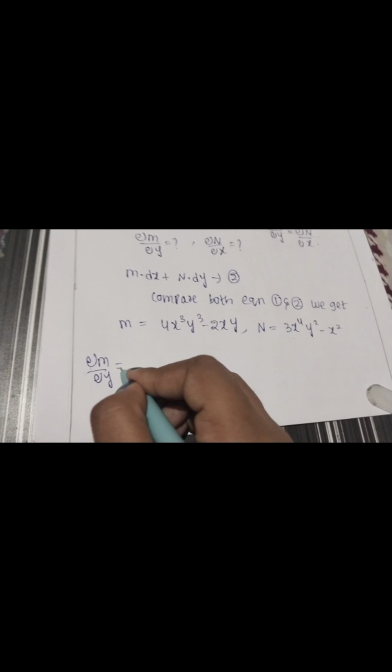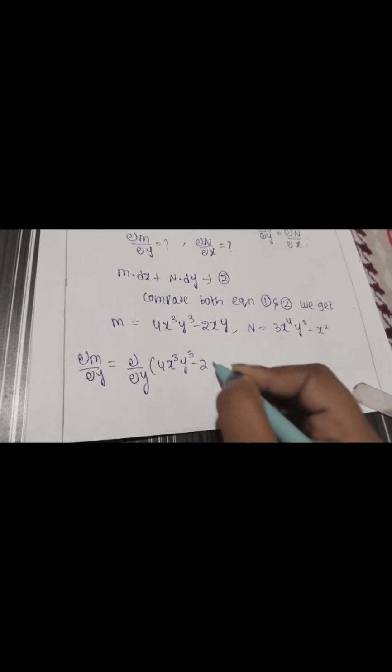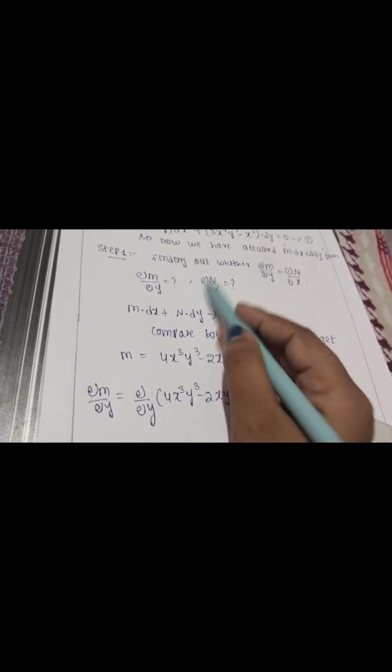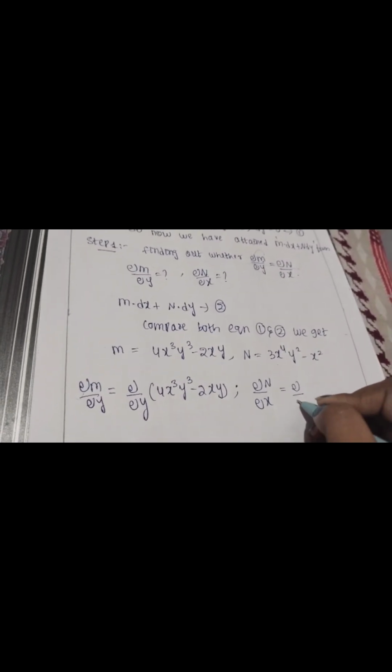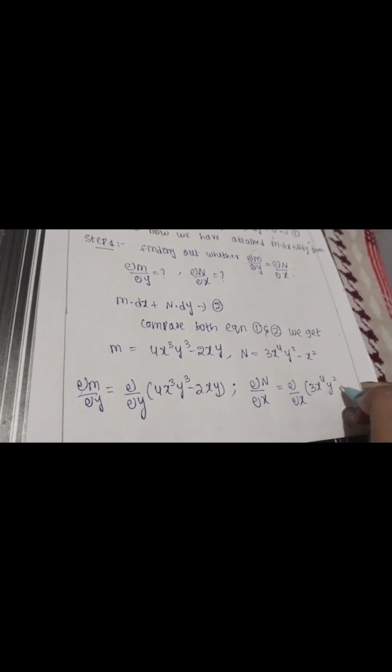So now our goal is to find this. dou m by dou y is equal to dou by dou y of m. Simultaneously we need to find dou by dou x of n, where n is 3x power 4 y square minus x square.